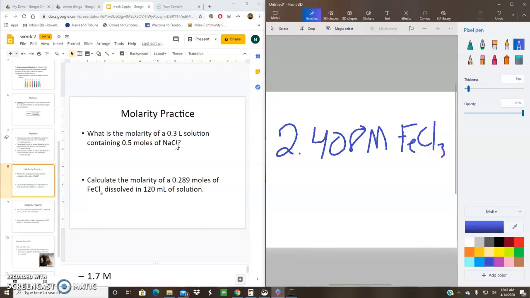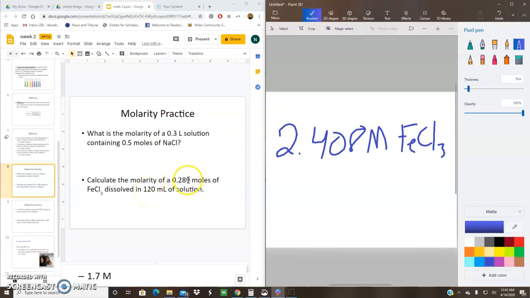Now, what are we forgetting? Sig figs. We have to include our sig figs. So we have 2.408 molar solution of FeCl3. How many sig figs can we keep? Well, let's look. This one has an assumed decimal point right here, so it actually has 2.